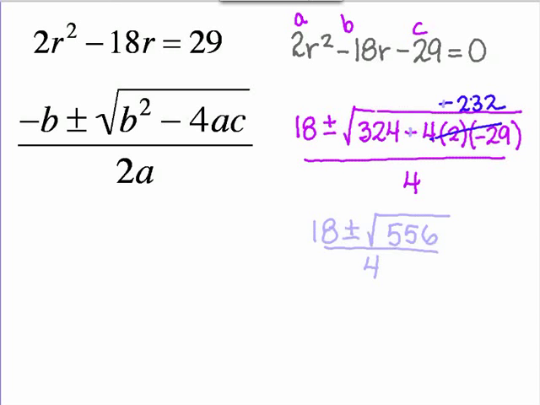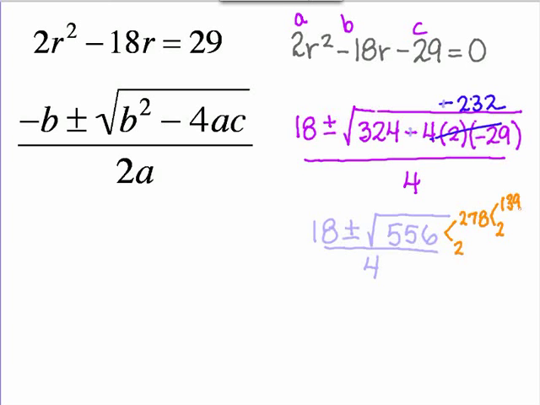So let's start by breaking down 556. So I know it's going to be 2. And is it 228? Nope, not 228. 278. So I can break 278 down. That's 2 and 139. Can you break 139 down?